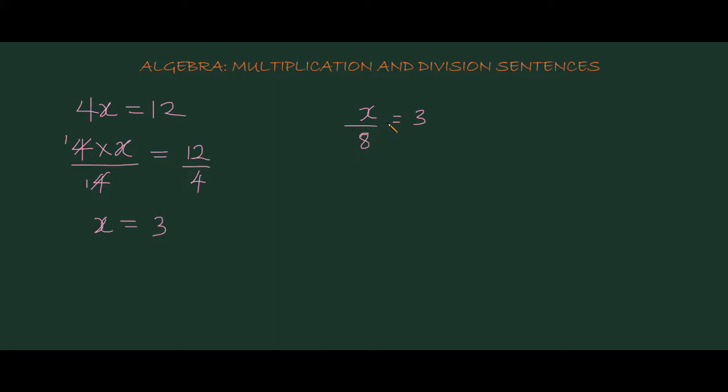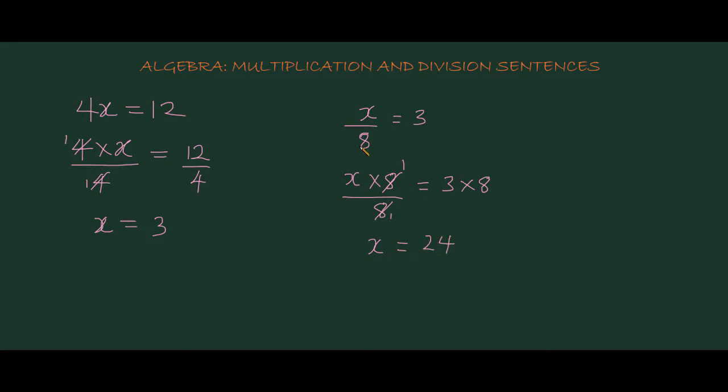If we multiply both sides of the equation by 8, we're going to have x multiplied by 8 all over 8 is equal to 3 multiplied by 8. And this will simply give us 8 cancelling out 8, and we'll have 1. So x times 1, that will be x divided by 1, and we still have x, and 3 multiplied by 8, that's 24. So our final answer is 24.